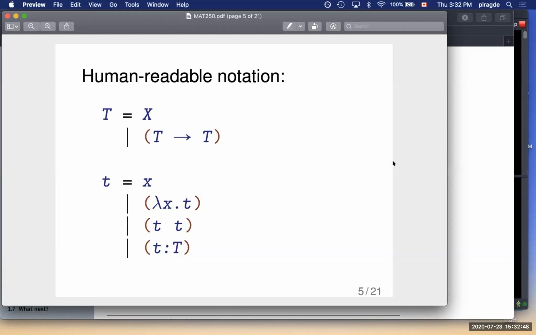So far, we only have implications. So that's at the top. We see that a type is either a propositional variable X or it's type, arrow, other type.